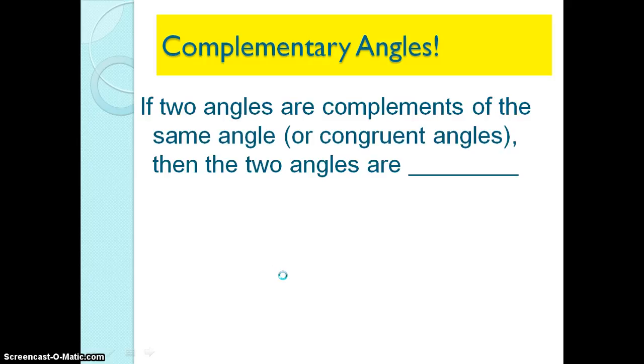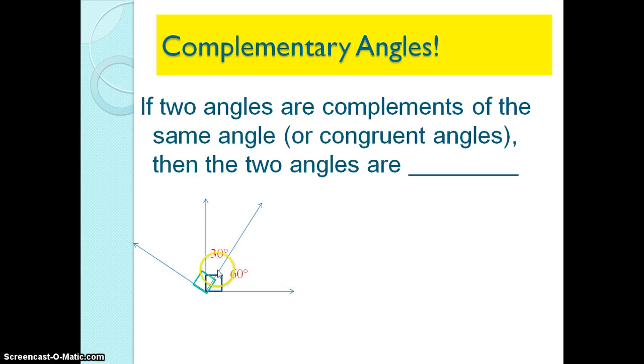The same thing happens with complementary angles. If two angles are complements of the same angle, then the two angles are going to be congruent. So here we have two complementary angles. They're forming a right angle, 90 degrees. This one's 30, this one's 60.